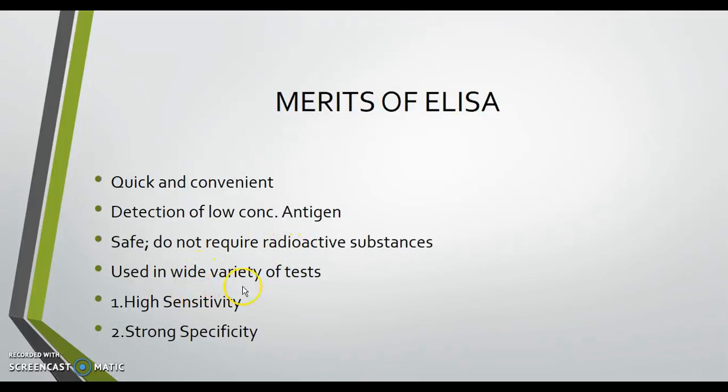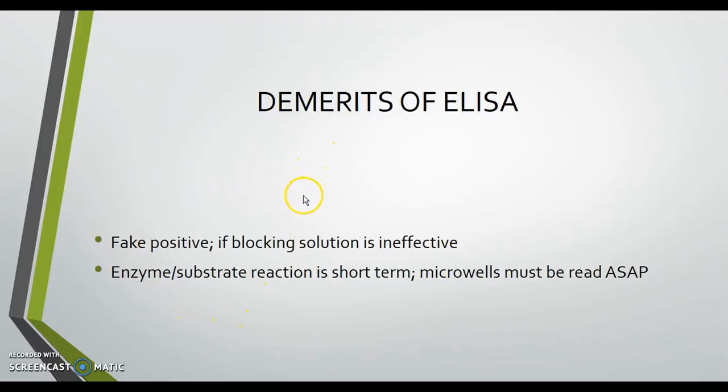It is used in a variety of tests because it has high sensitivity. It can detect even small biochemical molecules, and it has strong affinity because of the antigen-antibody complex forming together.